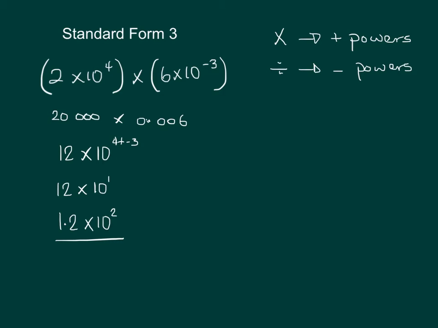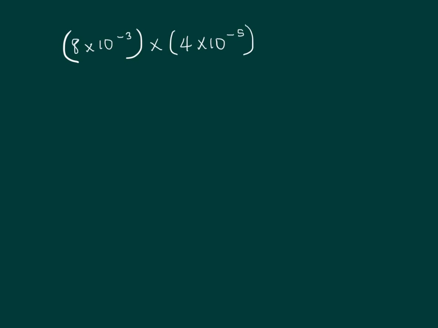Alright, let's have a look at another one. So here we have a different situation where we are multiplying two numbers in standard form, and we do the same thing. Start by multiplying the 8 and the 4. So 4 times 8 gives us 32 times 10, and we remember from the previous slide that when you multiply you add the powers.